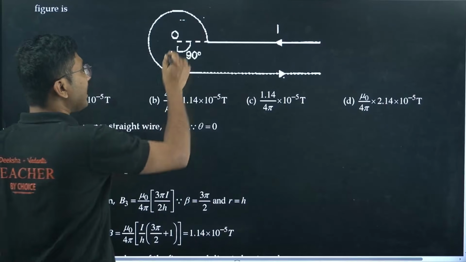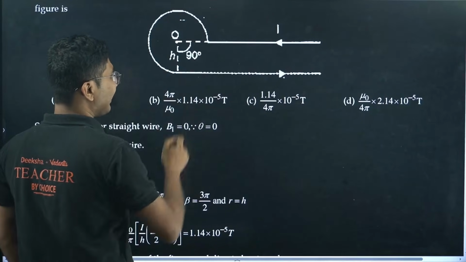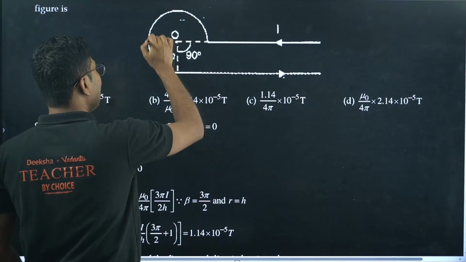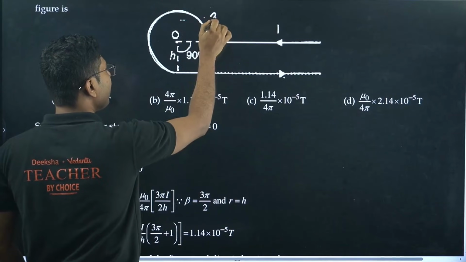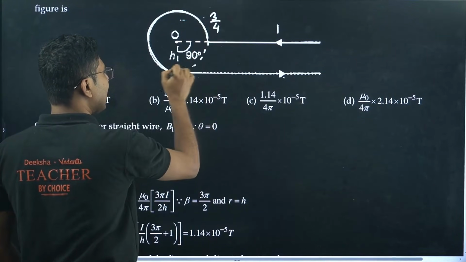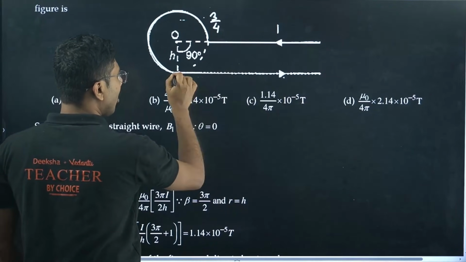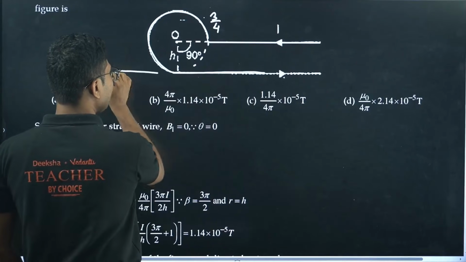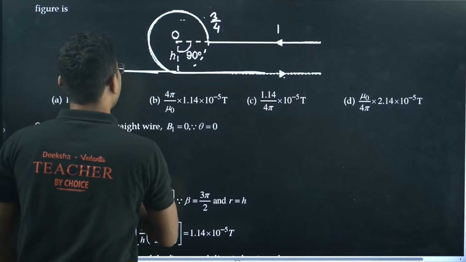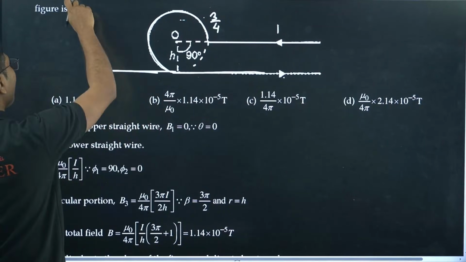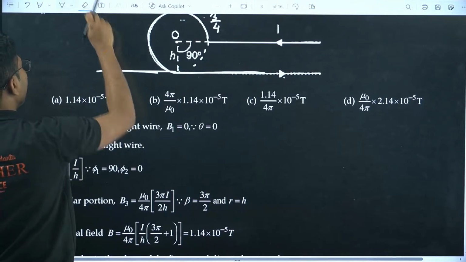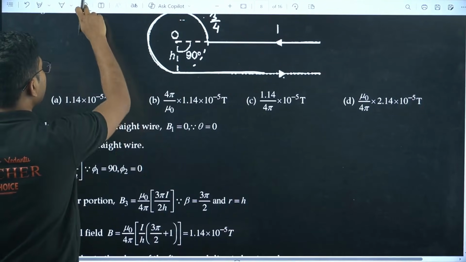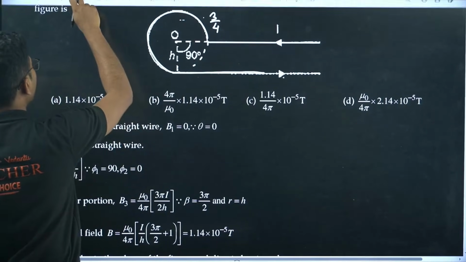So here there are two components of magnetic field. One is due to the current carrying circular component, which is 3/4, by the way, not a complete circle, and there is one component of the straight wire. If you consider an infinitely long wire, here it is only half of the infinity. Why half? Because this half is missing, that means only half of the wire.